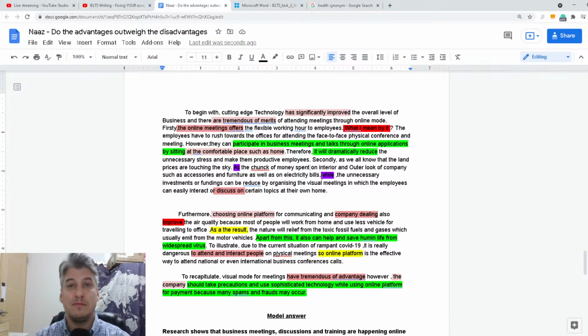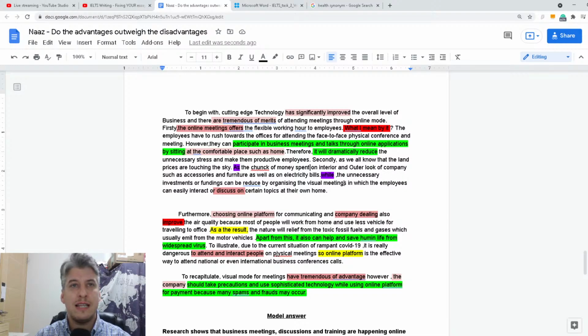We're missing, a native speaker would say, as what? We're missing the second part of that sentence. So as all this money is spent on all these things, the budget is tight. Companies don't have a lot of money. They want to make savings. This is kind of the thing.